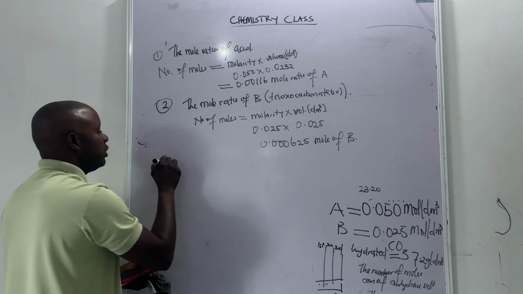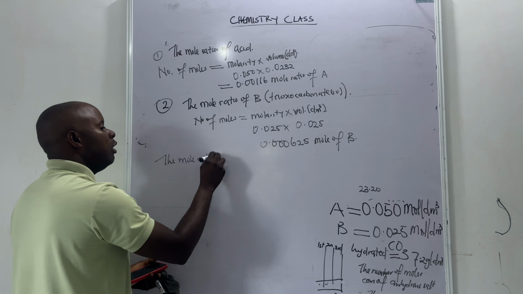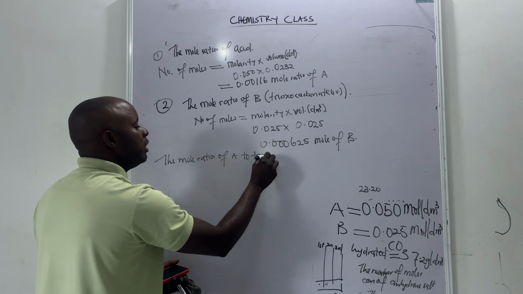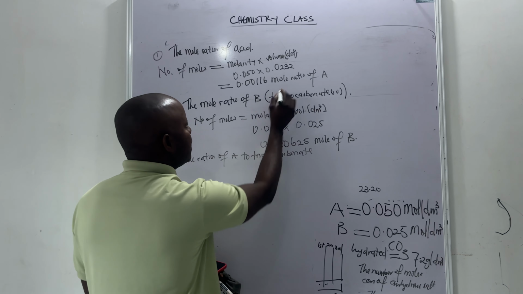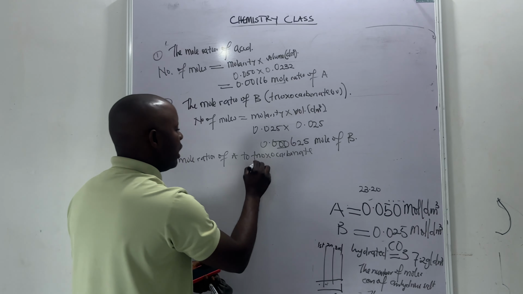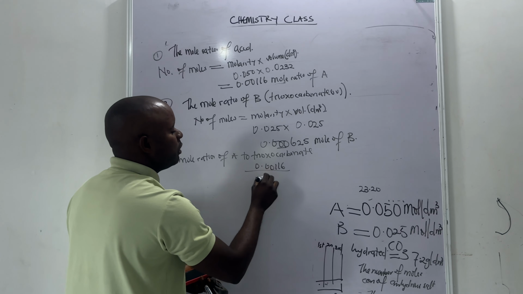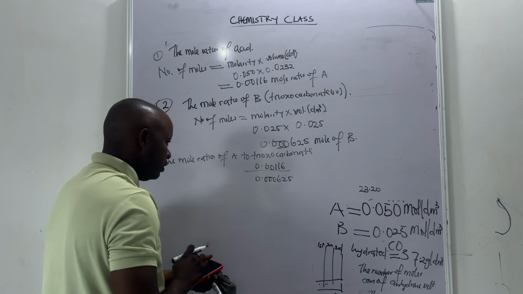So the mole ratio of A to trioxocarbonate will now be, we divide this value by this. We're going to have 0.00116 divided by 0.000625.